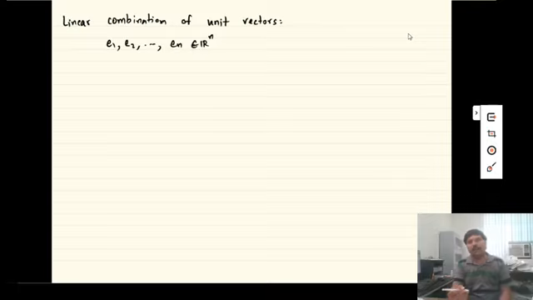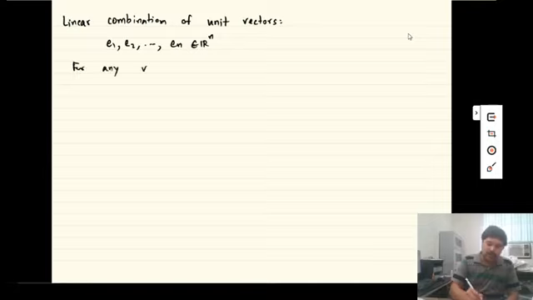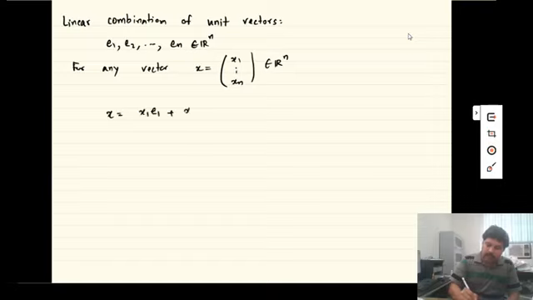Now you would have realized that in Rn there can only be n unit vectors. In R5 there will be only 5 unit vectors, and so on. So you have those unit vectors E1, E2 up to En, and for any vector x, which I will represent as x1 up to xn in Rn, you can see this x is basically x1 E1 plus x2 E2 plus up to xn En.